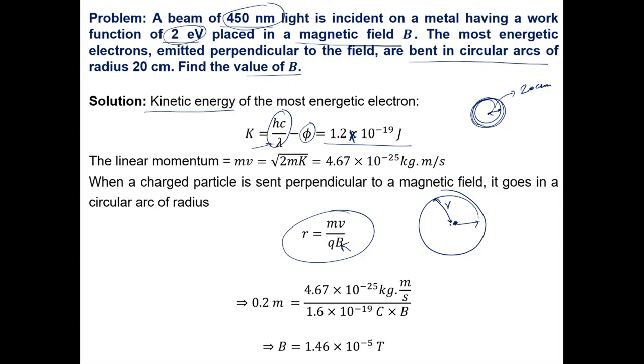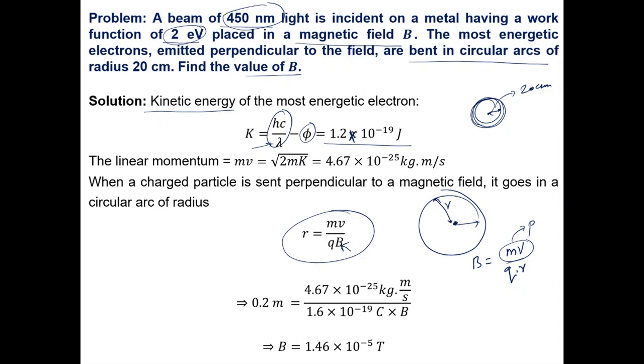So the radius is given by this formula, mv divided by q times B, and we have to find B. So you can rearrange this, and B becomes mv divided by q times r. Now if you notice, this mv is nothing but the momentum of the charged particle. So you can calculate the momentum.